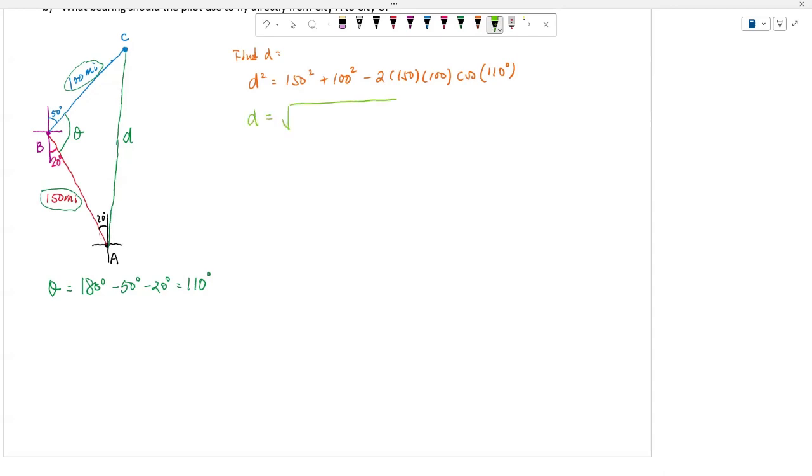Then, of course, D will be the square root of this whole thing here. And remember, when you work with your calculator, make sure that it is in degree mode. And now the answer is 206.7863736 miles. So now I have actually answered part A.